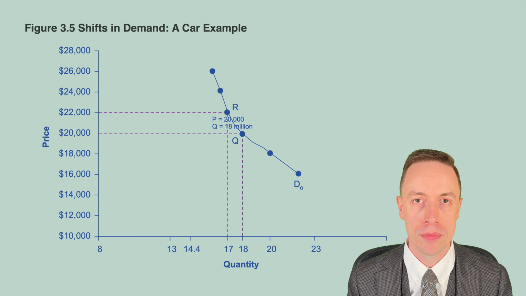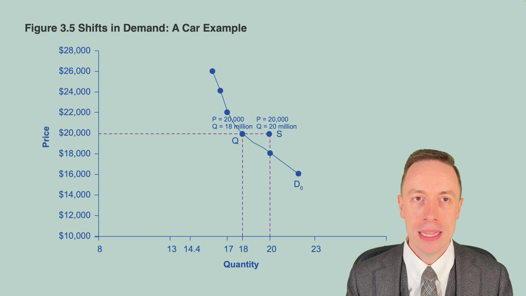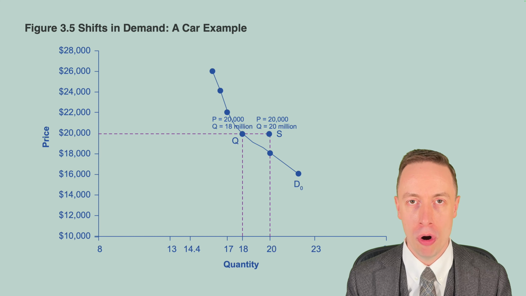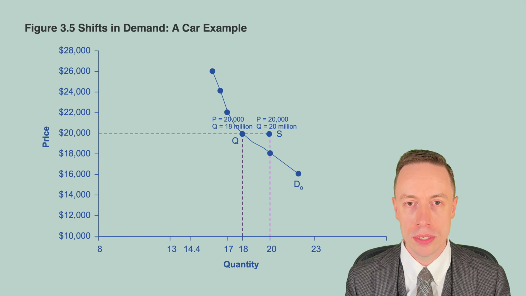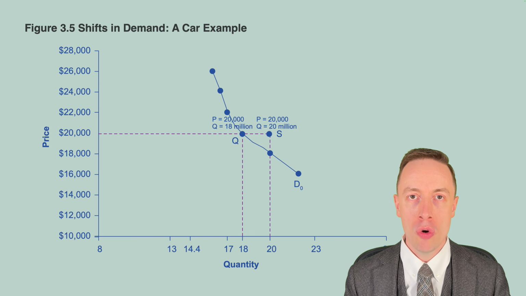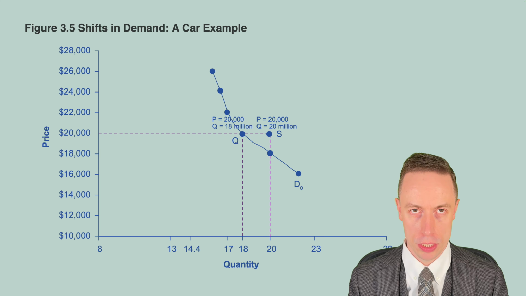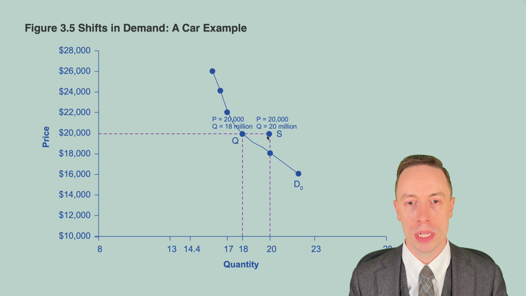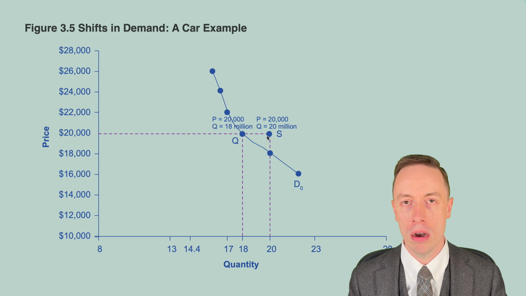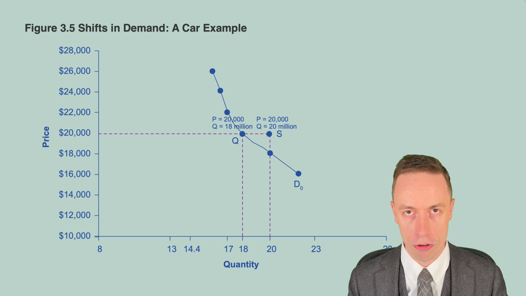But today, we want to talk about situations where even without a price change, you end up with a different quantity demanded. For example, let's say the income of car buyers increases, so that now at a price of $20,000, we've got 20 million people buying cars. Notice this combination, $20,000, 20 million cars, no longer sits on our original demand curve.